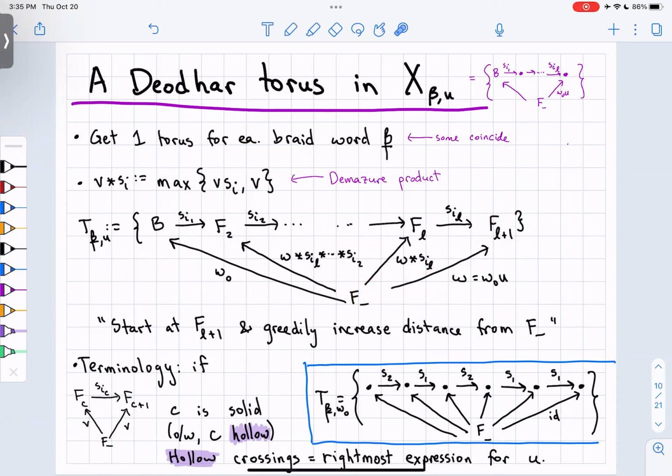Okay, so just a quick example down here. What's the torus for this particular choice of braid word? My last flag in the braid variety is in the identity position with the anti-standard flag.